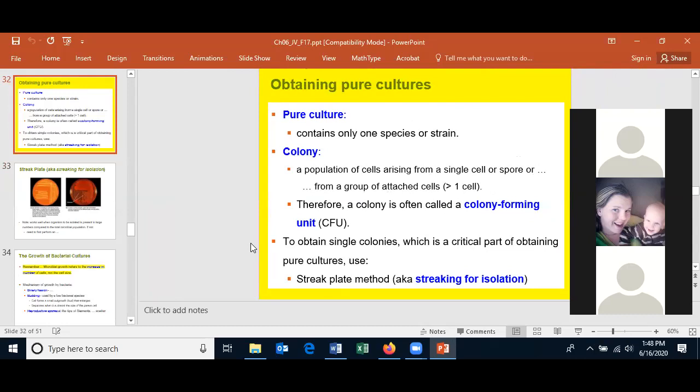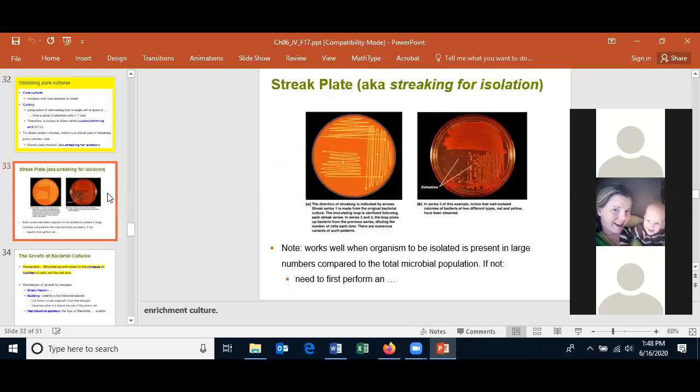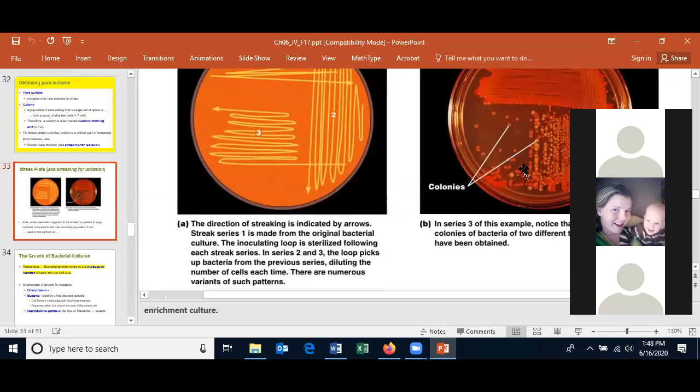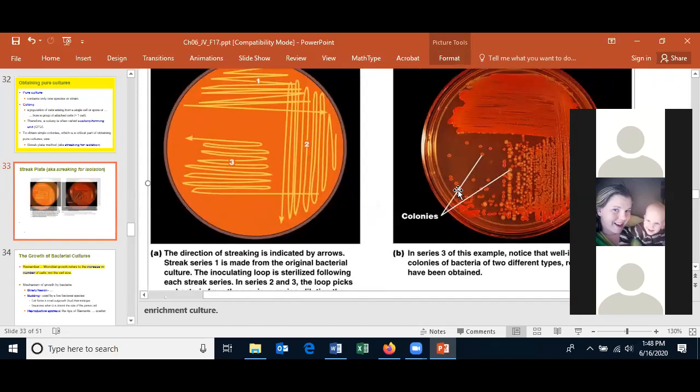A colony is formed by cells that are streaked out on the agar, and you can't tell if the colony was formed from one or more cells. So when we look at these colonies, we generally say that they were started by a colony forming unit, and we can't tell really if it was formed by one or more cells.